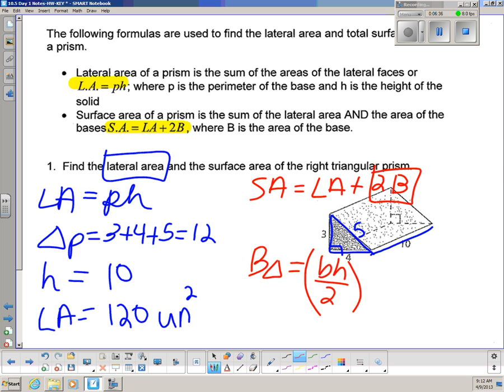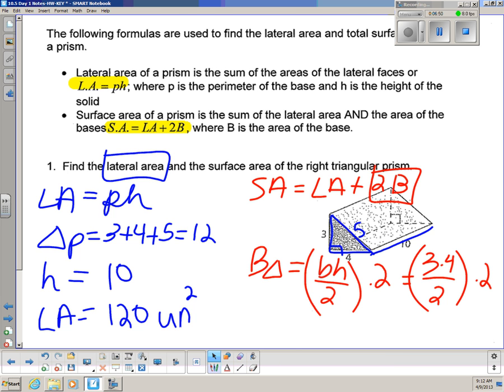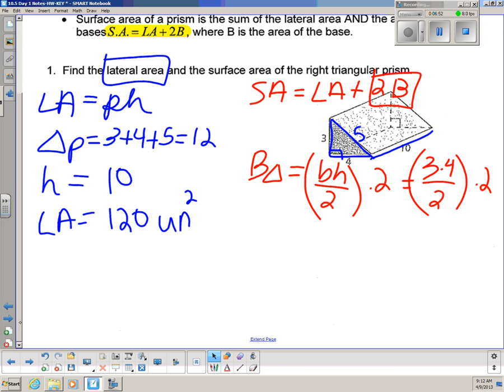But don't forget, we've got to multiply that by 2 because we've got two particular bases. So we're going to plug in the base and the height, which is 3 by 4 divided by 2. That's the area of one triangle. We're going to double that because that's the area of two triangles. What's going to come out here is that the area of the two triangles ends up becoming 12 divided by 2, which is 6, times 2, which is 12.